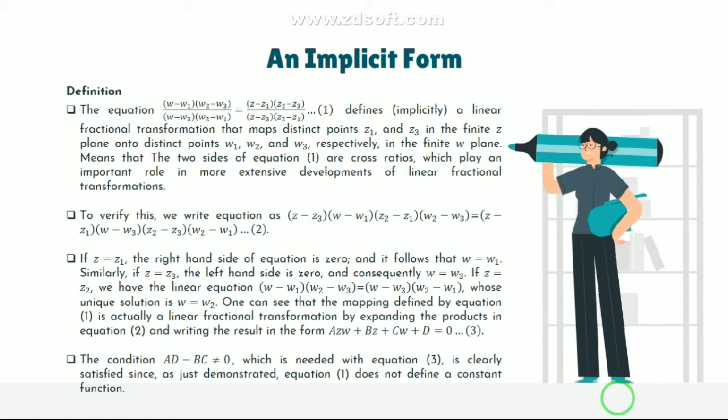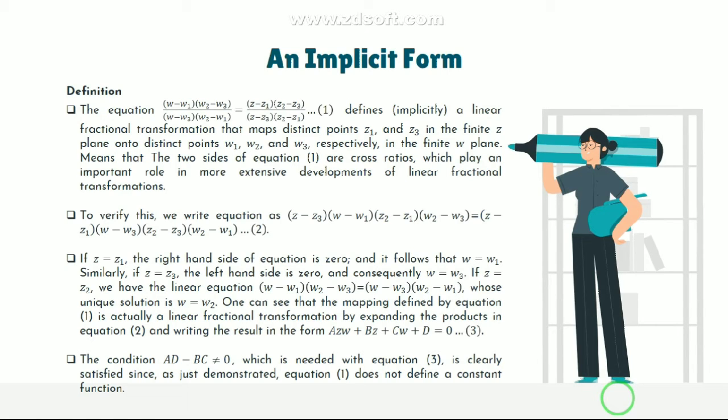We call it equation 2. Suppose that z equals z1. The right hand side of the equation is 0, and it follows that w equals w1. Similarly, if z equals z3, the left hand side is 0 and consequently w equals w3.